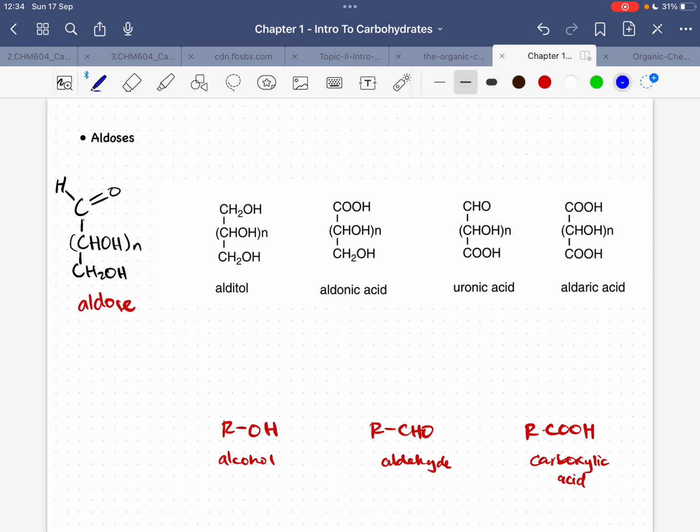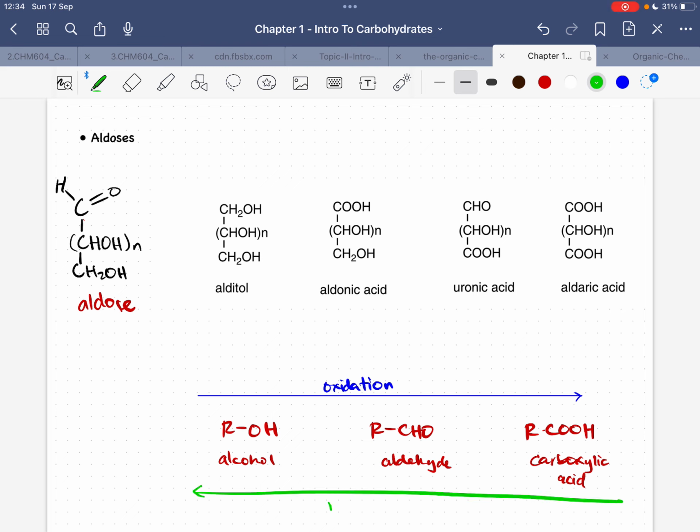Going to the right is oxidation, and going to the left is reduction. The symbol for reduction in chemistry is H, and for oxidation it will be O. Okay? That is the symbol I will use. So, an aldose can become an alditol. Alditol. Okay?